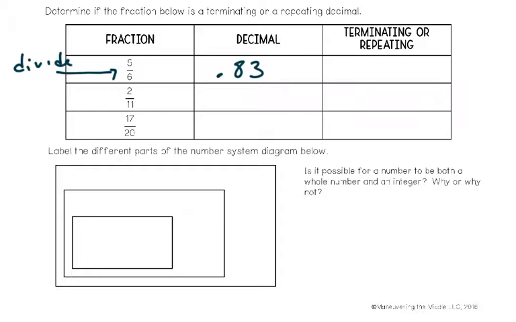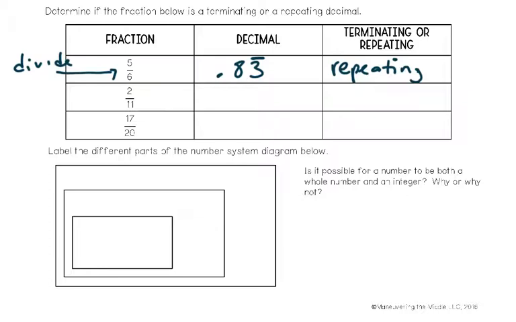So in math, we're lazy and we don't want to keep writing 3's out. So we put a little hat over the number that's repeating. So that's your first time you might have been seeing that, but that is the way that we represent repeating decimals. So this is a repeating decimal. 5/6 is the same thing as 0.8333, and that is a repeating decimal. So this is a rational number.